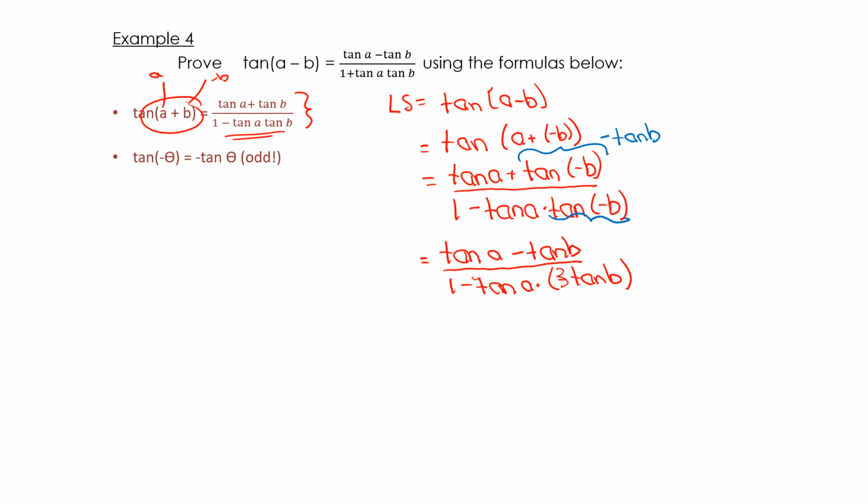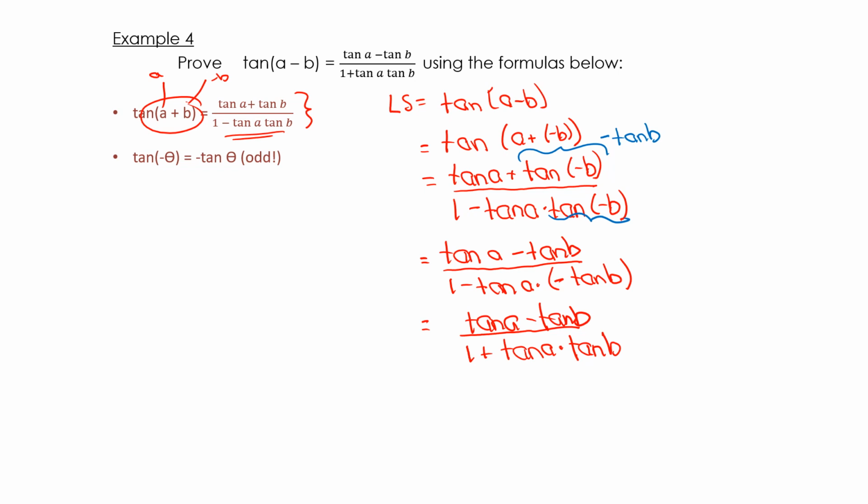So I'm going to, let me erase that, make it back to a negative. So my denominator now is going to be 1 plus tan a times tan b. Because I'm multiplying these two bottom pieces together, I can bring the negative out to the front. And then my numerator is tan a minus tan b.